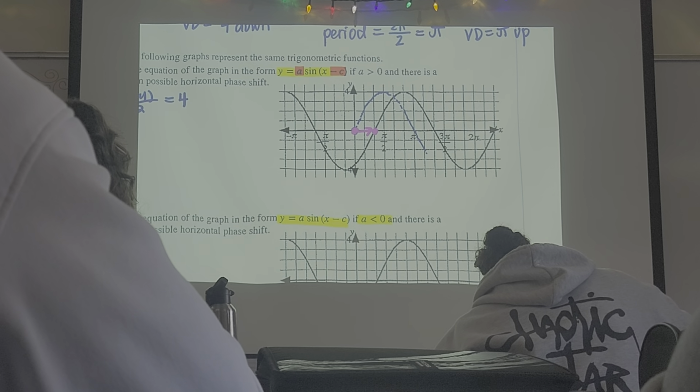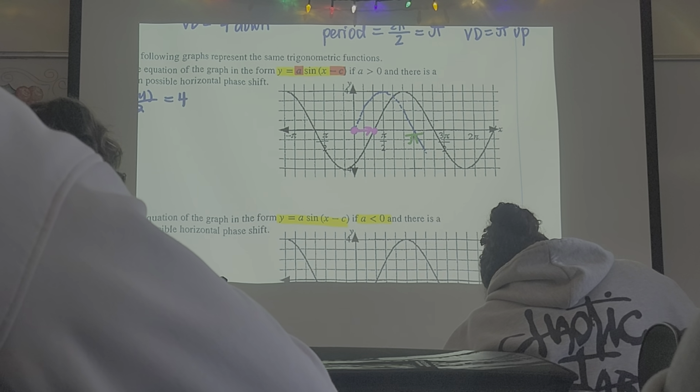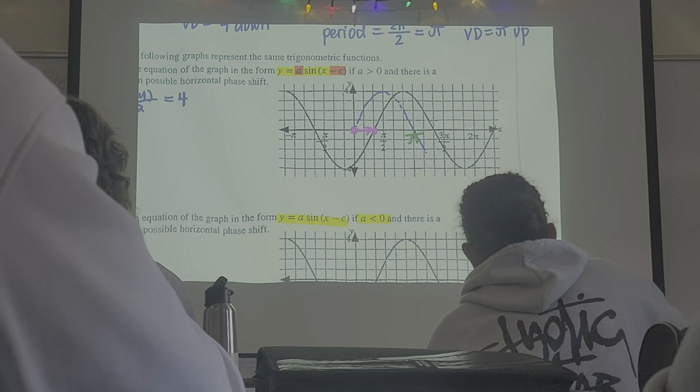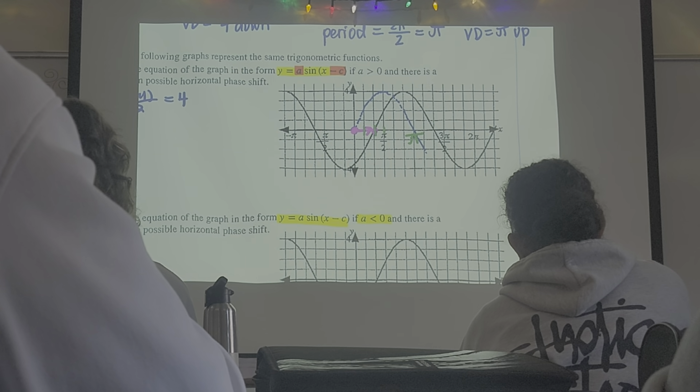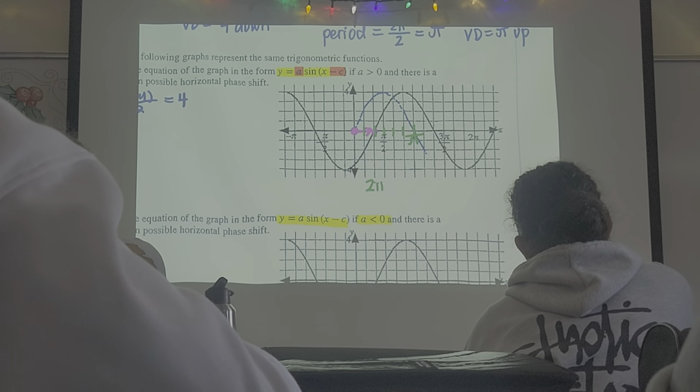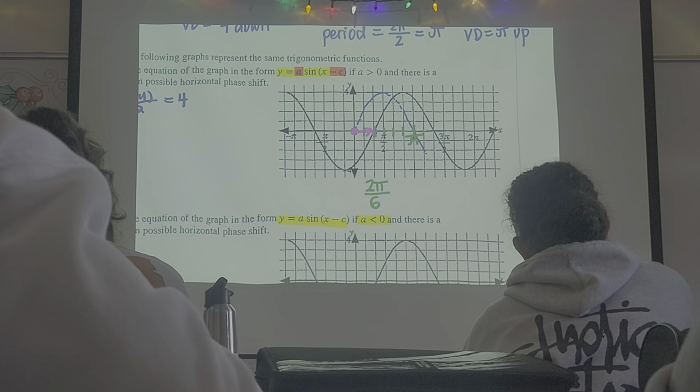So let's look at our scale. This is pi, that's 1 whole. What is it all split up into? 6. 1, 2, 3, 4, 5, 6. It's split up into 6. We've moved 2 of them, so we've moved 2 pi over 6.